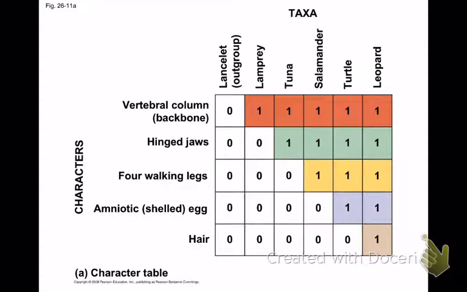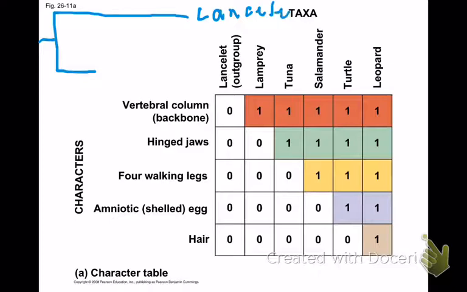I'm going to try and cram it in the corner here. So we have the lancelet, which would be the outgroup, and all of the other organisms have at least one of the derived characters.